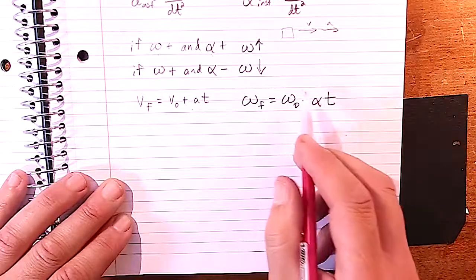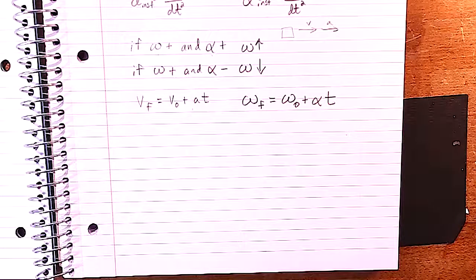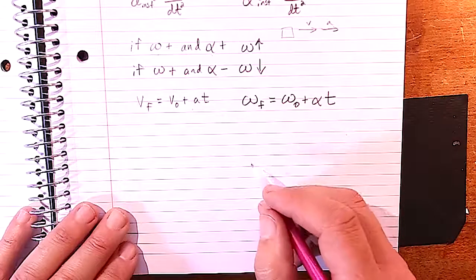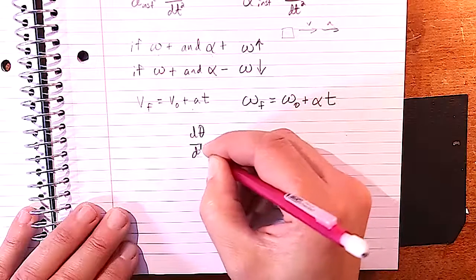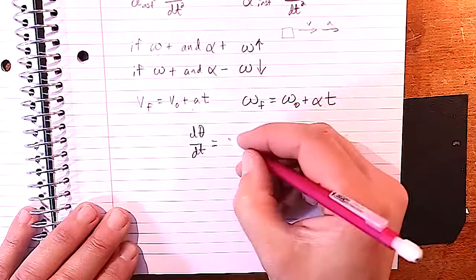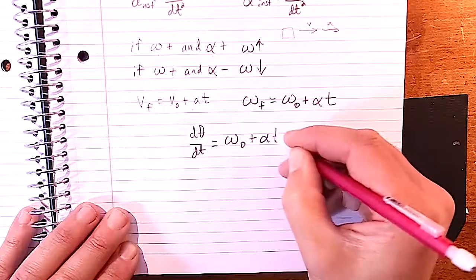So this is the kinematics formula for angular velocity. But we know that omega final we could write as d theta dt. And then we could set that equal to, if we're doing instantaneous, the initial velocity plus alpha t.